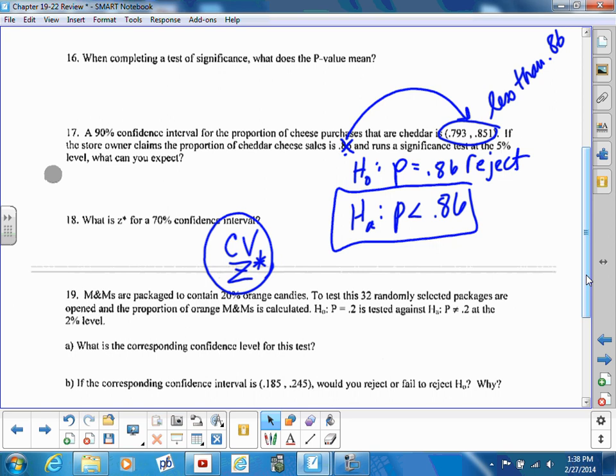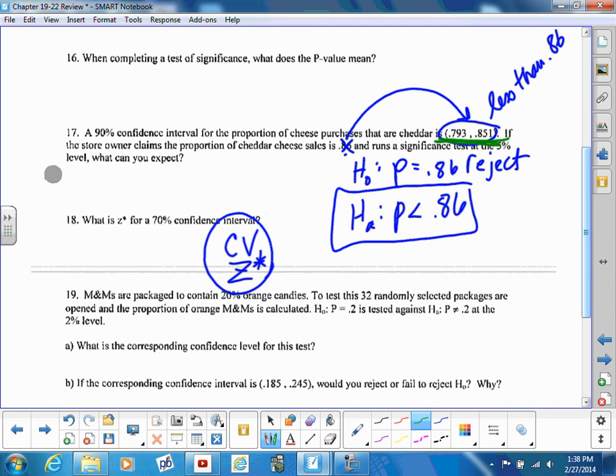Are you allowed to officially reject or fail to reject a null hypothesis from an interval? No. This cannot be a reason for you to reject or fail to reject a null hypothesis, okay? Now, with that being said, if you had this situation, then you would say, oh, I think when I run a test, I will probably get a p-value that will cause me to reject the null hypothesis.